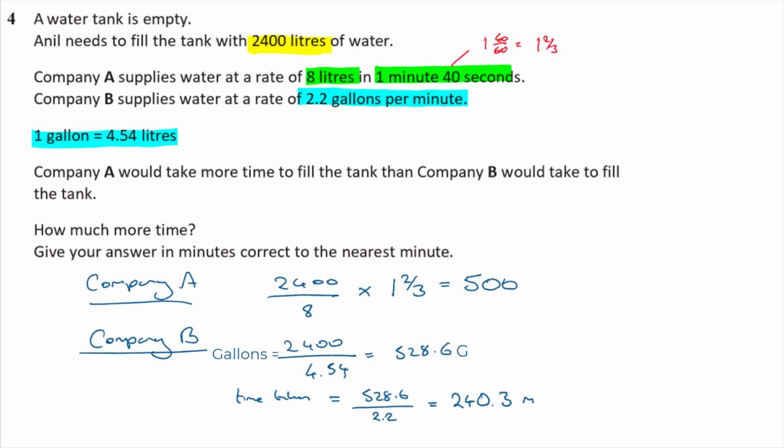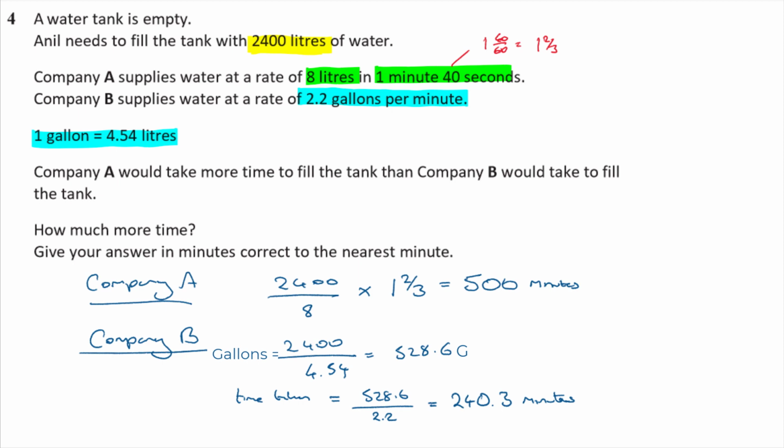Okay, so company A can deliver it in 500 minutes, and company B can do it significantly quicker at 240 and a bit minutes. How much more time does company A take then?